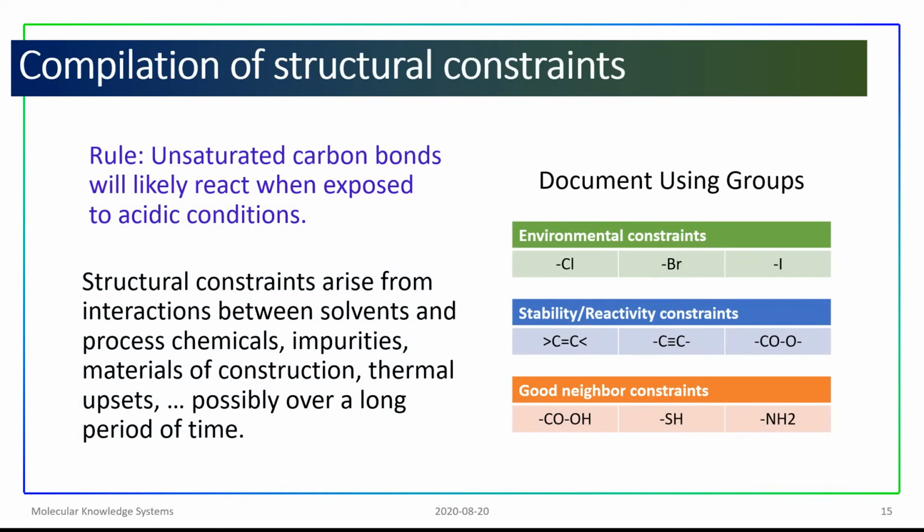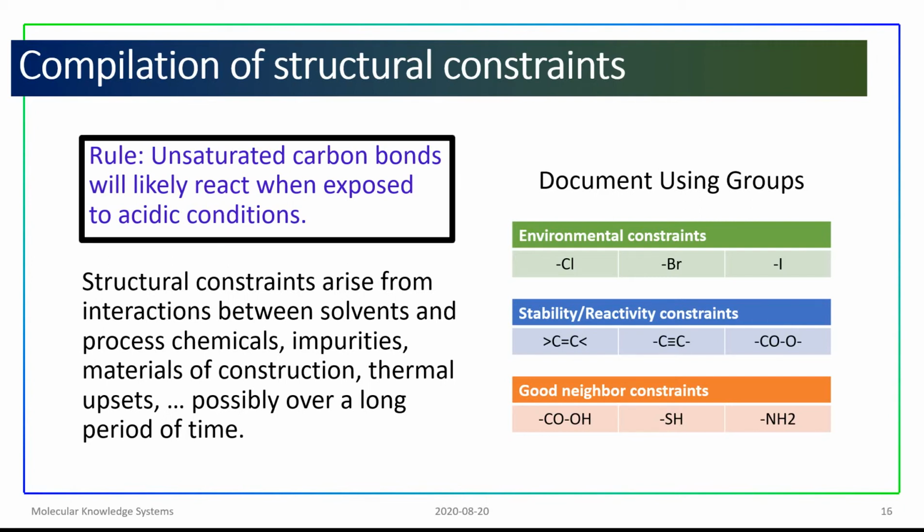During the solvent selection process, we will come across many constraints. Many of these constraints are of a molecular structure nature. For example, suppose we're selecting a solvent to be used in acidic conditions. One constraint we may add is to eliminate solvents containing unsaturated carbon bonds because of concerns they may degrade or react.